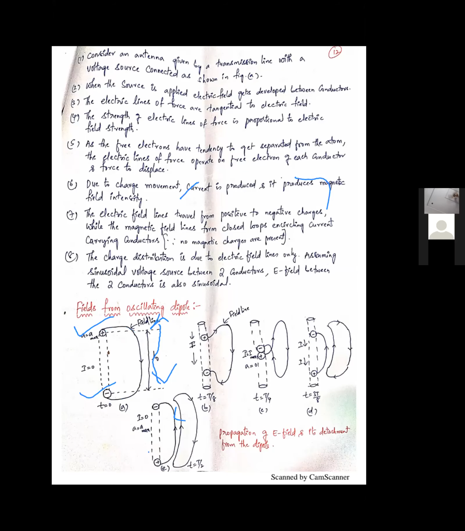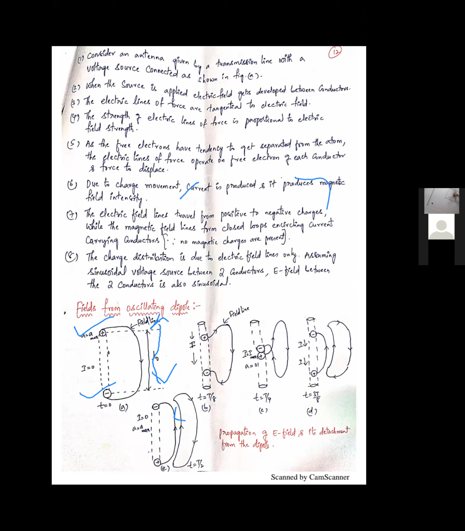I repeat, at time t equal to 0, the separation between the two charges is maximum, acceleration is maximum, but current is minimum. Now, say at t equal to T by 8, these two charges start moving towards each other.